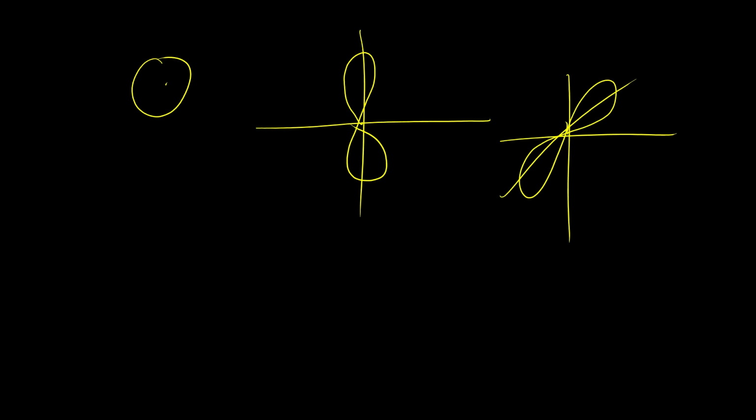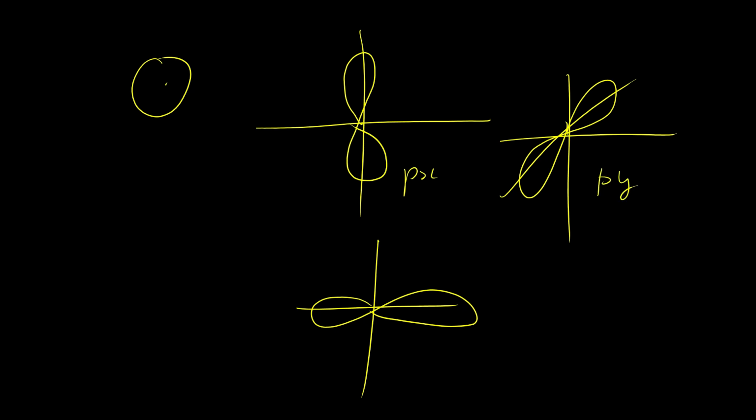You can make them in any way, and any p subshell you can give any name. So this you can say px, this py, this pz, because it does not matter at all how you place them. So p is dumbbell shape and s is spherical, that's how it is.